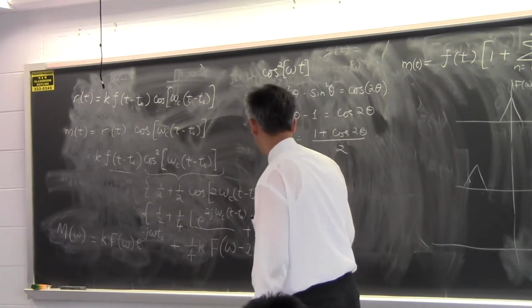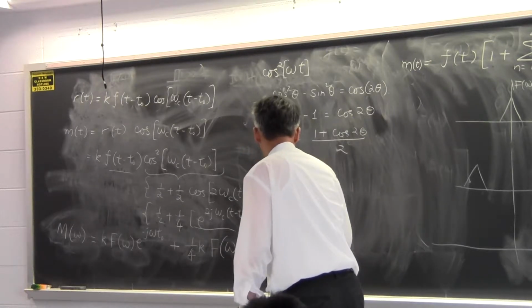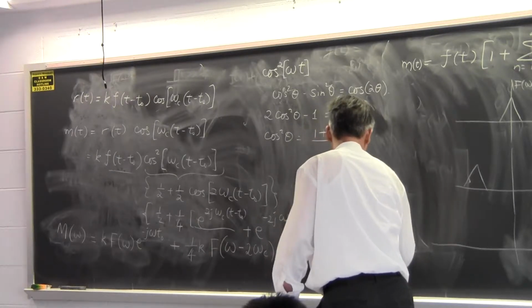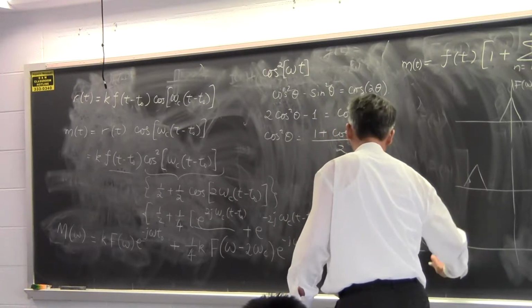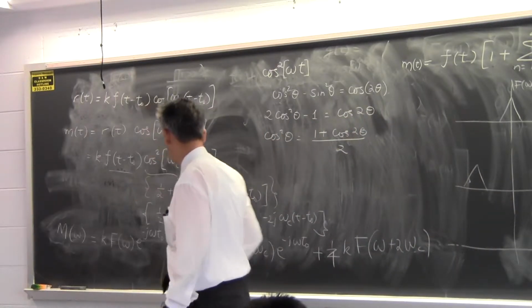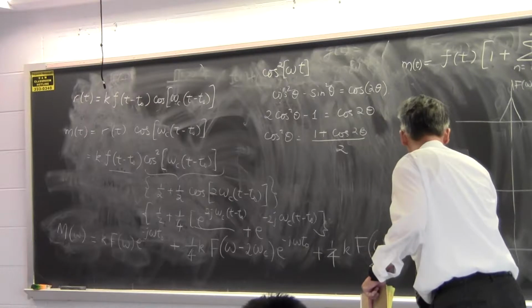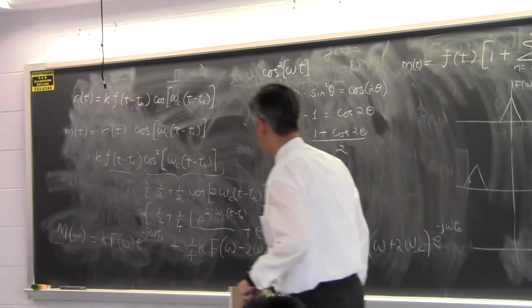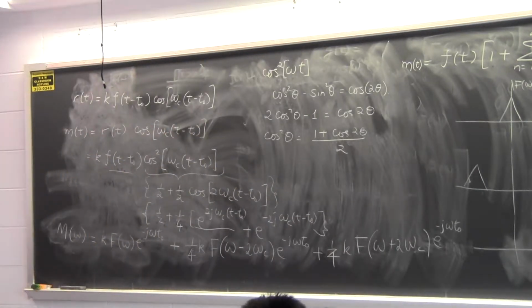I think the direction is correct. And then the second term would contribute to something like 1/4 k f of omega plus 2 omega c times the phase shift due to the delay. The phase shift due to the delay is just e to the minus j omega t naught. There's a 1/2 there.